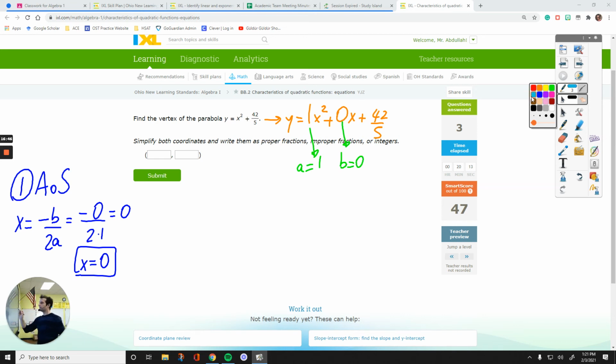Step 2 is going to be plug in axis of symmetry for x.